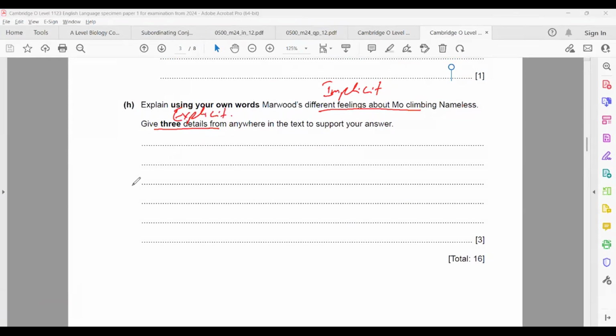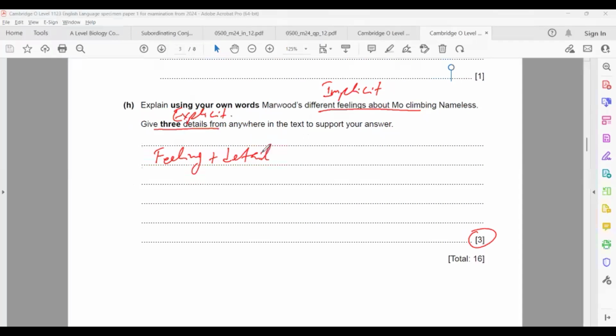Okay. And in this case, it's 3 marks, and you'll be thinking, well, three feelings and three details, so that's 6. Well, no, the way it will work is each feeling plus the detail that you use as evidence to support that feeling, that this is how I think he's feeling based on what's given in the text, is going to give you 1 mark.